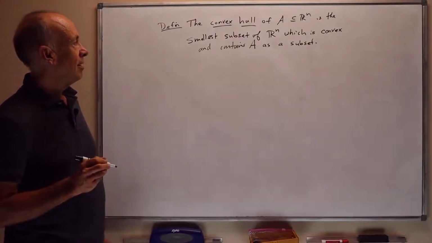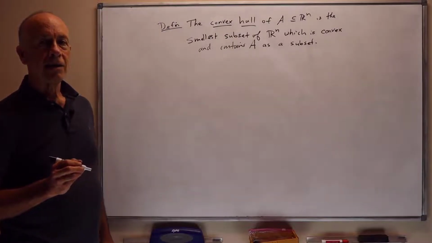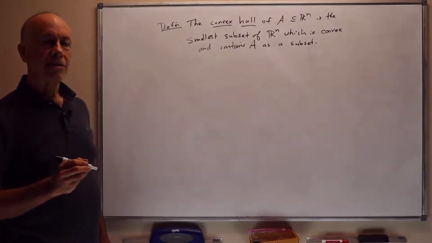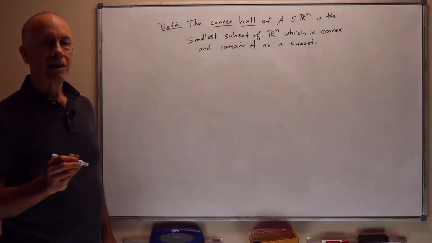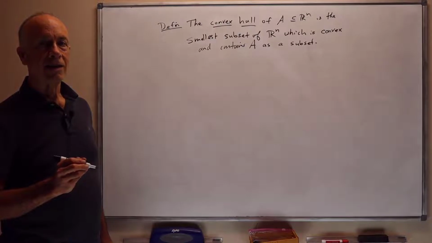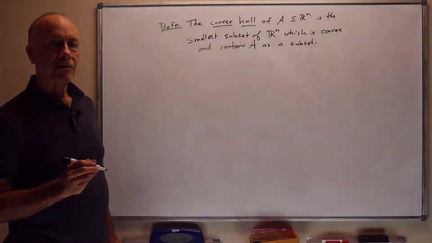So if we just take the intersection of all the convex sets which have A as a subset, then we get a convex set which has A as a subset. And since we took the intersection of all of them, it is the smallest convex set containing A as a subset. So that would be the proof that the convex hull exists.